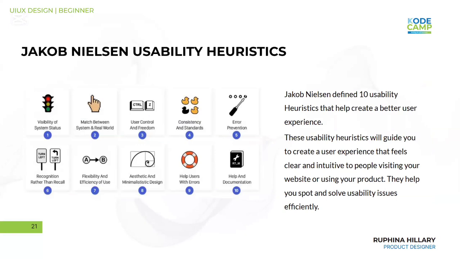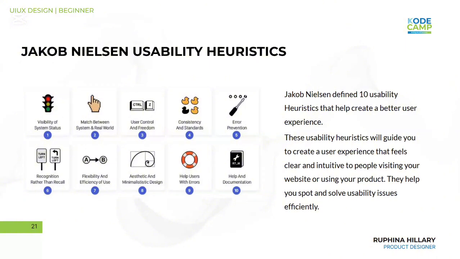Remember, these are usability principles or usability heuristics. The focus here is on usability. We are done with the UI, you're done with the UX. Are people still able to use your application? So how usable, how user friendly are your applications? That's the information this checklist tries to provide.